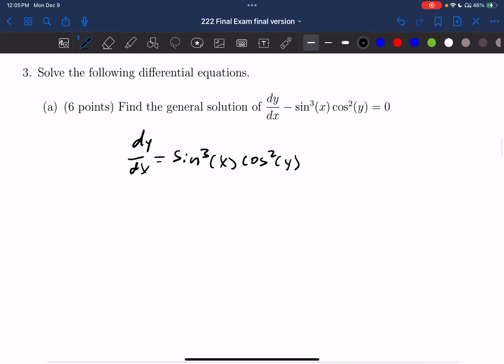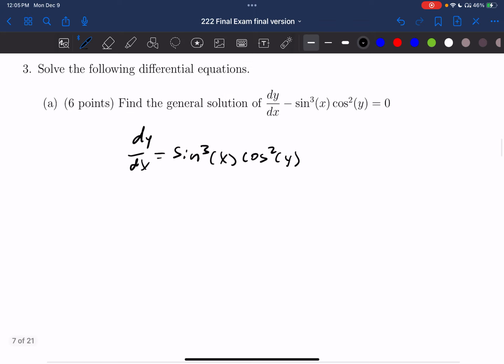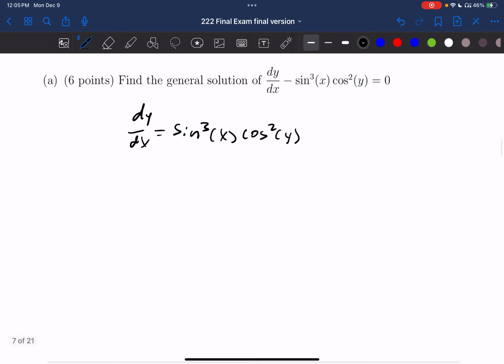Now we can really easily see that this is a separable differential equation. So our next step is to get all x's on one side, all y's on the other side. We can get 1 over cosine squared y dy will be equal to, multiplying dx over, we're going to get sine cubed x dx.